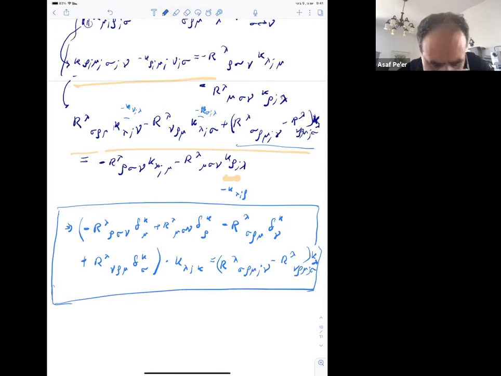What I'm really after is the specific form of the curvature tensor in a maximally symmetric space, which will enable us to derive the Robertson-Walker metric. So since we're already over time, I suggest that I stop here and I'll just complete this derivation on Thursday.